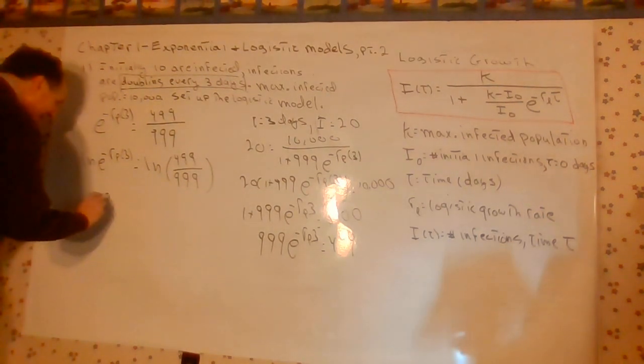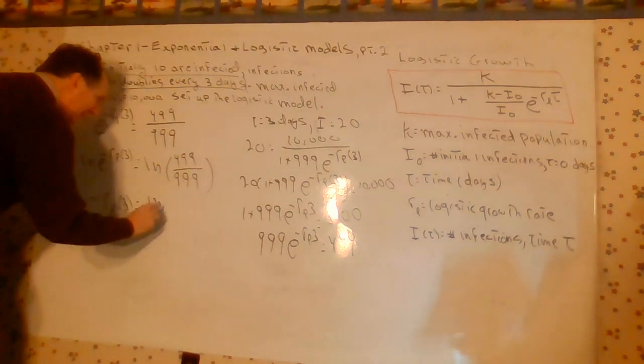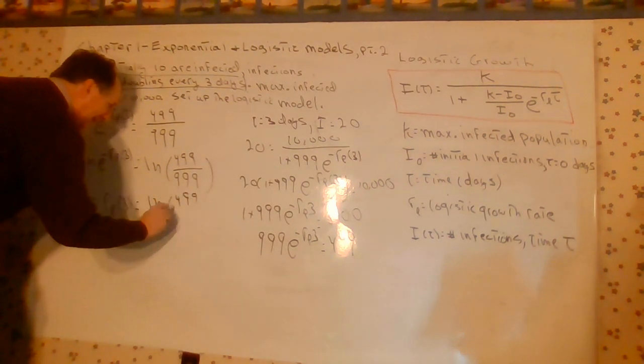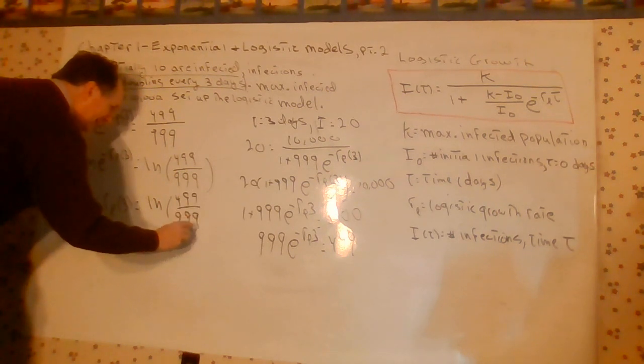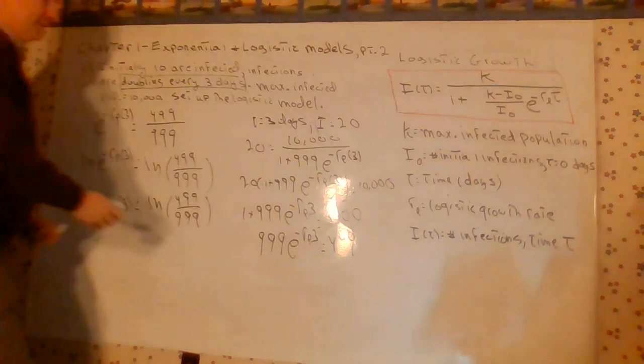We get negative R_L times 3 is the natural log of 499 over 999. The math here is a little more interesting, obviously.